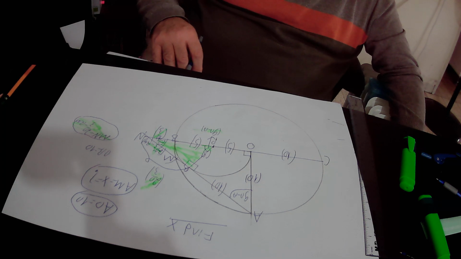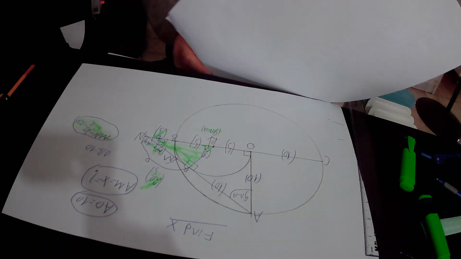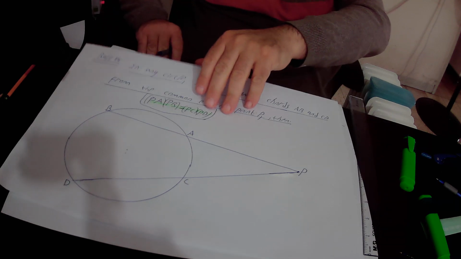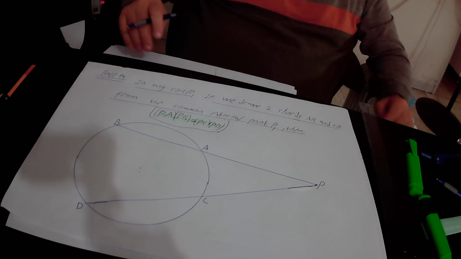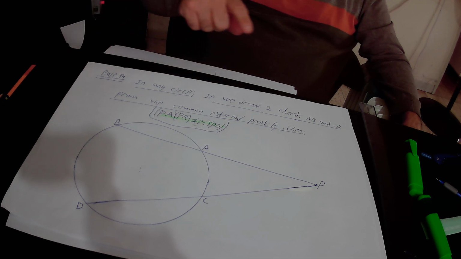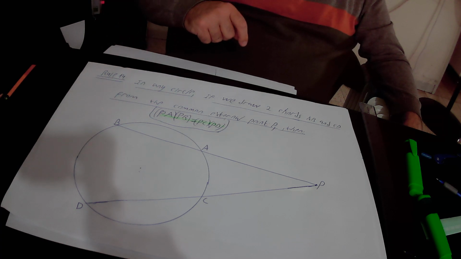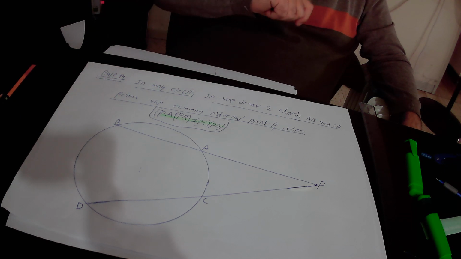Okay. In the next step, I will present to you a new rule, rule number 14, and we will implement rule number 14 in our drawing. According to rule number 14, that is true in any circle, if we draw two chords, AB and CD, from the common point P inside this circle, then the following equation is true: PA times PB equals PC times PD.